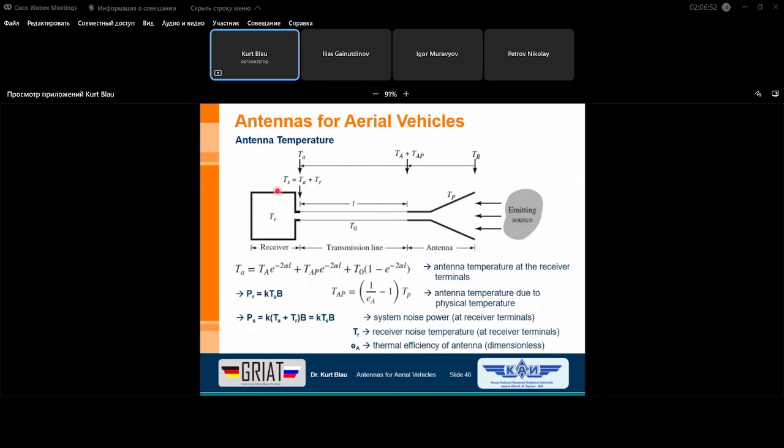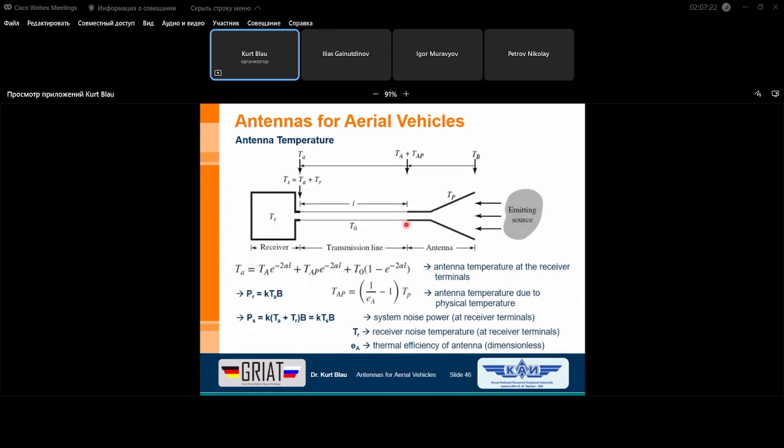This is our receiver, and our receiver is marked with the noise figure F receiver, for instance, or characterized with the equivalent noise temperature T receiver.